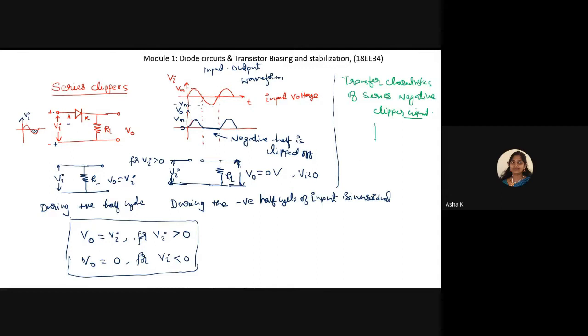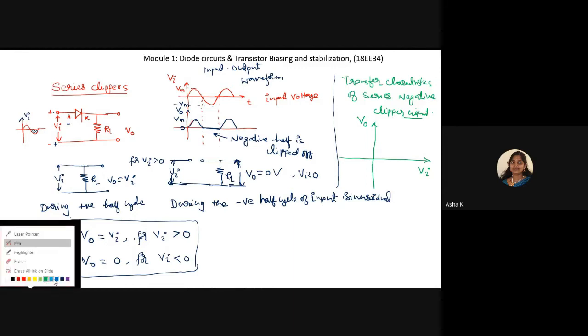Last class I told you the transfer characteristics curve is a variation of the V output voltage after applying the V input voltage. So now the equation which is put in the box is telling us that V output is equal to V input for Vi greater than 0.